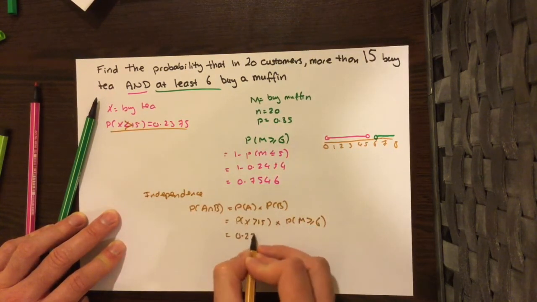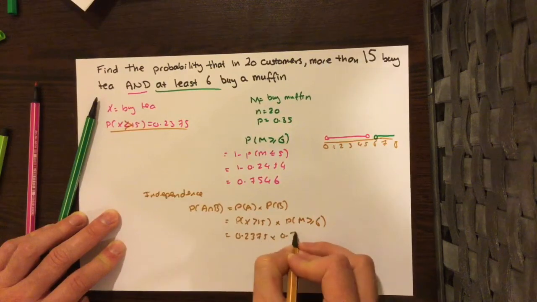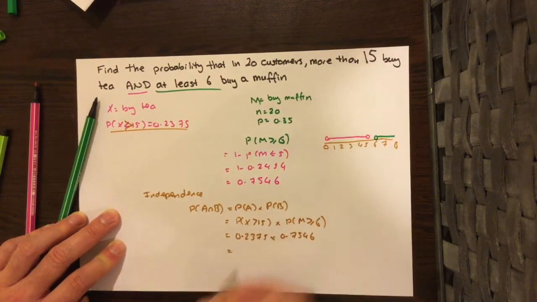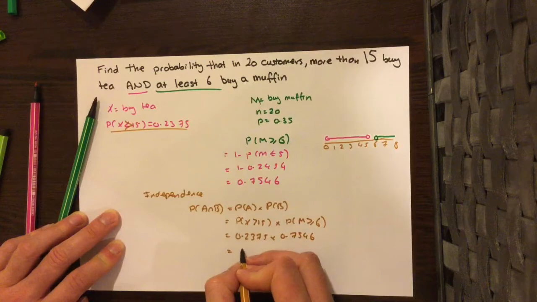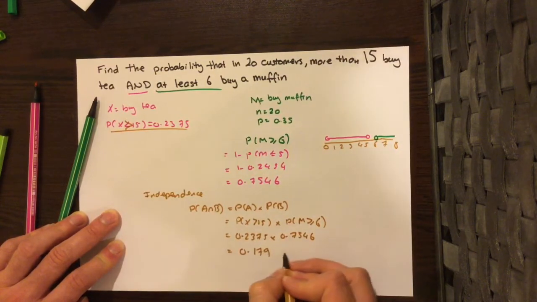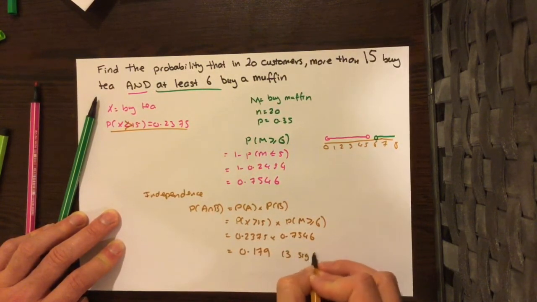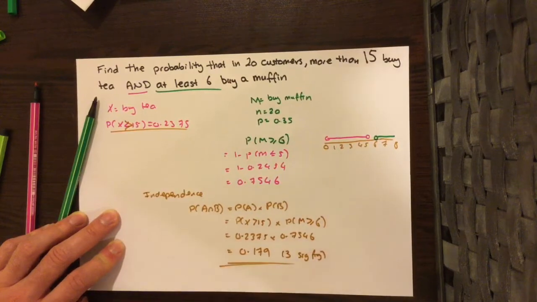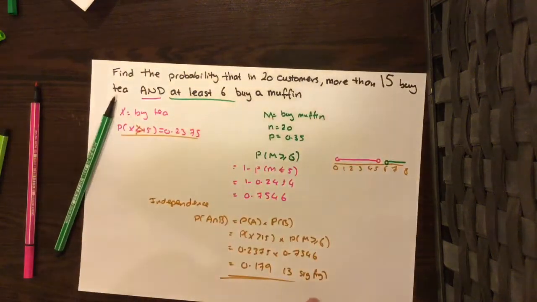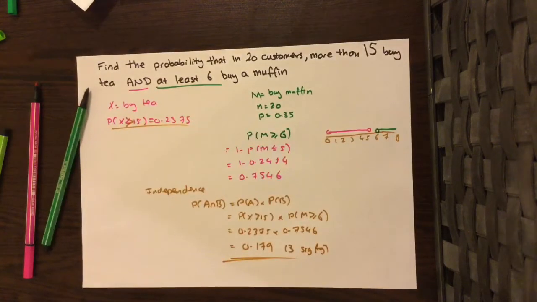I'm just sticking those probabilities in, which gives us a chance of both those things happening of 0.1792 to 3 significant figures. So we covered 3 kind of typical style questions that might as well come up at any time.